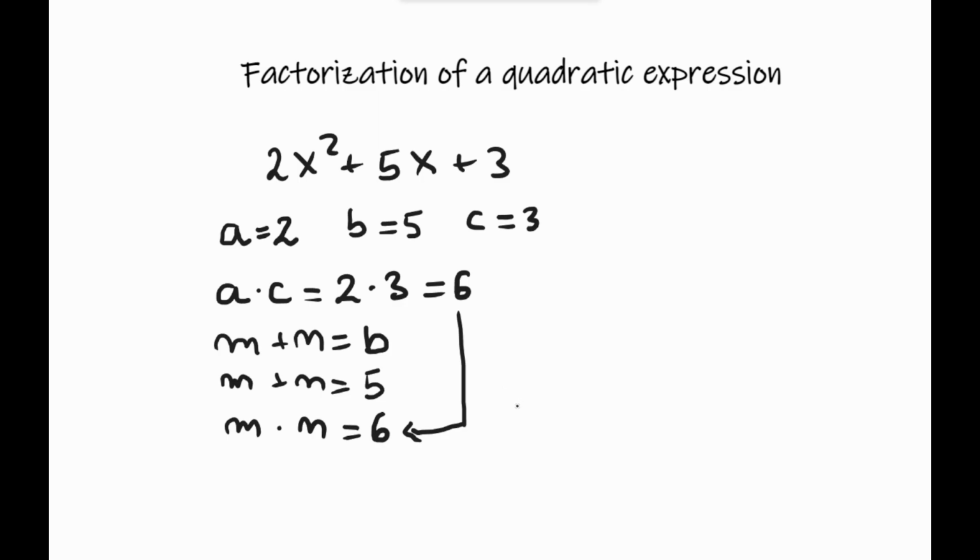In our case, it's very simple because we can take m equals 2 and n is 3. Their sum will give us the b coefficient 5.